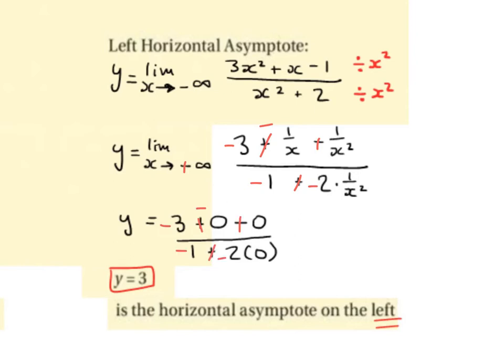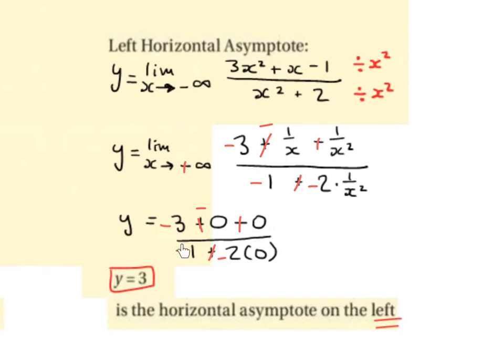So similar to the right horizontal asymptote, for each of these x values, the closer that they get to infinity, the closer that the fraction itself will get to 0. So that's how we get 0 for each of these. So minus 3 minus 0 plus 0 is just minus 3.